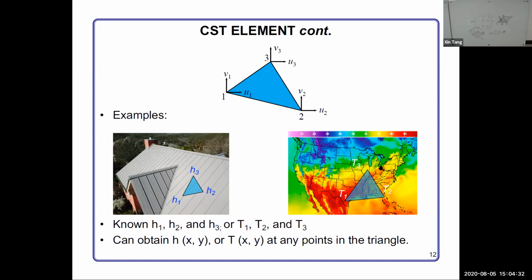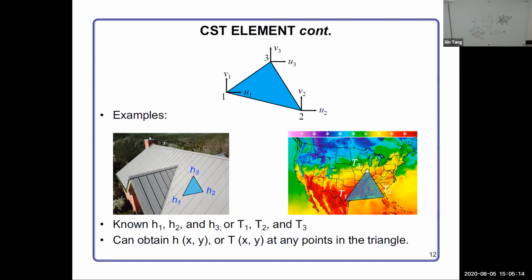Another example is the temperature, the weather. This is a US map. If you want to know the temperature at any point, given the temperature at 3 points, say cities in Texas, Illinois, and Florida, you can then find the temperature in other cities within this triangle. You can do similar things to get an approximate value of the temperature there, as long as you know the coordinates of that point.